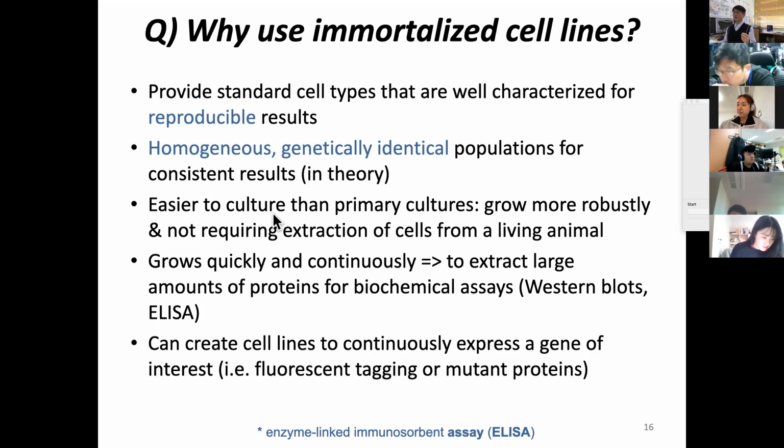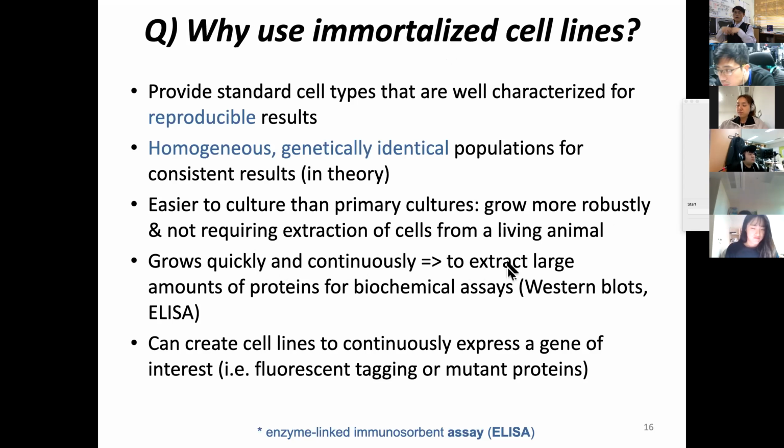All right, easier to culture than primary culture. Of course, primary culture is more difficult. So cell lines grow more robustly and don't require extraction of cells from a living animal. And it's immortal, so it grows quickly and continuously. What about primary cells? They don't continuously grow, okay?